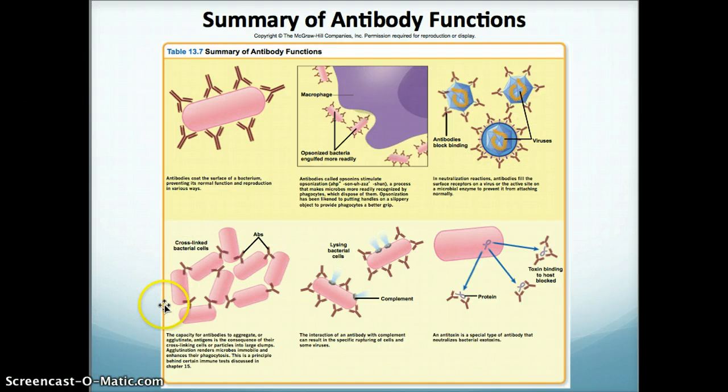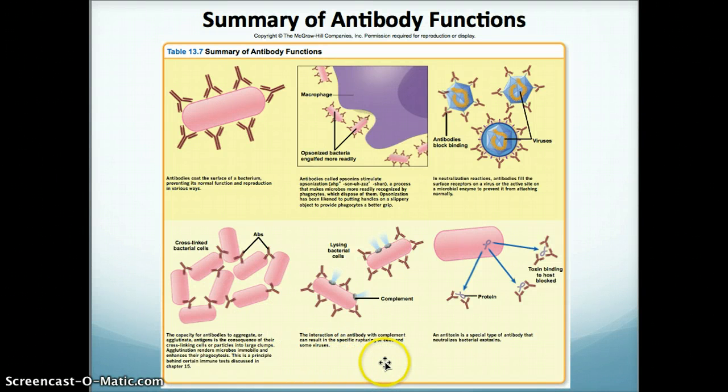And then also these antibodies have the ability to bind more than one bacteria at a time. They have 2 binding sites. Each end of that Y has a binding site, and this allows them to actually aggregate or pull together a bunch of bacterial cells. And this often makes those microbes immobile and enhances their phagocytosis.